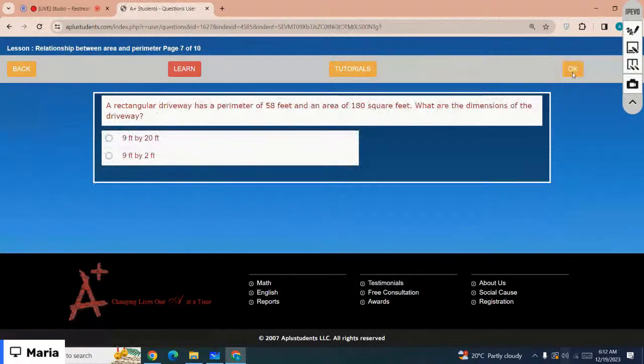Okay, the next one is a rectangular driveway. Driveway has a perimeter of 58 feet and an area of 180 square feet. What are the dimensions of the driveway? Which is the correct option? You are given the area that is 180. So, which is the correct option? Which two numbers have the product 180?